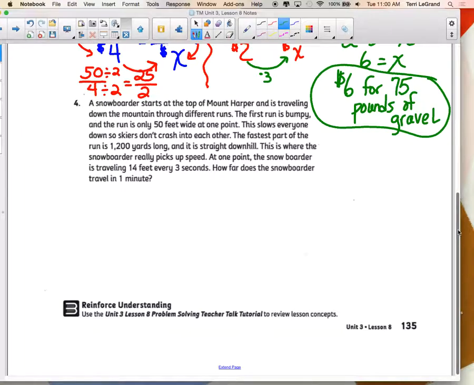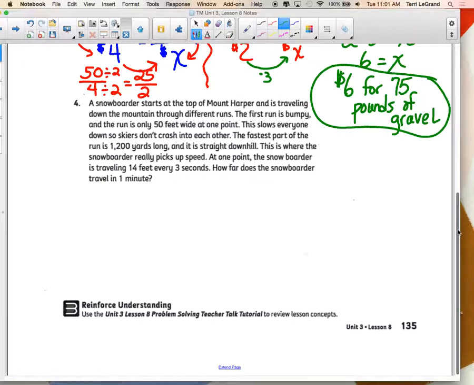A snowboarder starts at the top of Mount Harper and is traveling down the mountain through different runs. The first run is bumpy and the run is only 50 feet wide at one point. This slows everyone down so skiers don't crash into each other. Well, I would probably still crash into a skier, but the fastest part of the run is 1,200 yards long and is straight downhill.